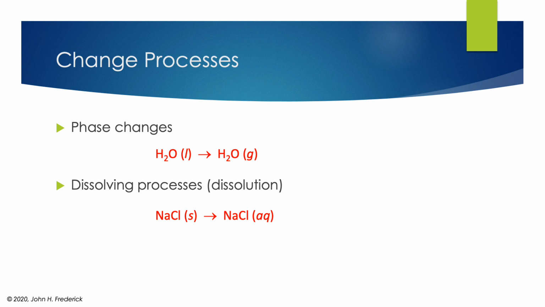That's a dissolving process. It also is used often to describe radioactive decay. So, for example, we might talk about the decay of uranium into thorium and helium, which is a particular kind of radioactive decay. So there's lots of different ways we can use this notation. Chemical reactions is the way we're going to be employing it mostly in this course, but I hope this has helped you understand a little bit about how we talk and represent chemical reactions.